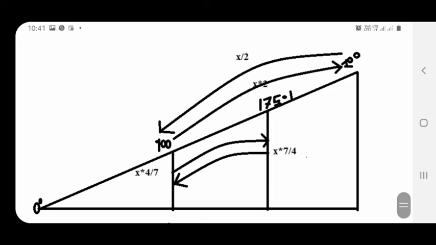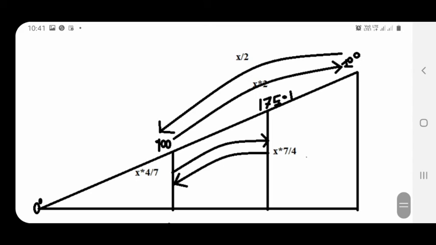Suppose another way: if you want to change to the Sikes scale, then x is the value, and you multiply by 7 and divide by 4. If you want to convert from Sikes to Gay-Lussac, then you take x times 4 divided by 7, right?